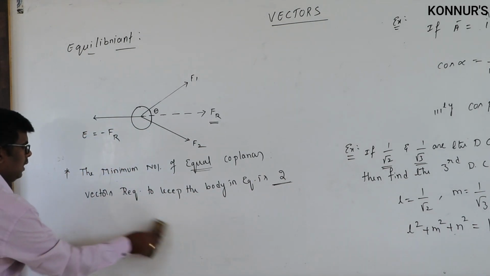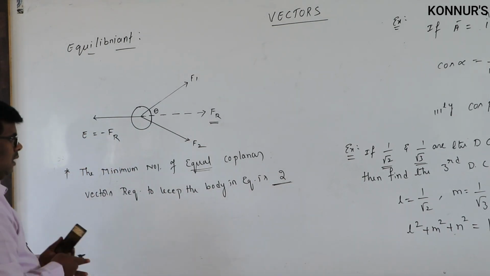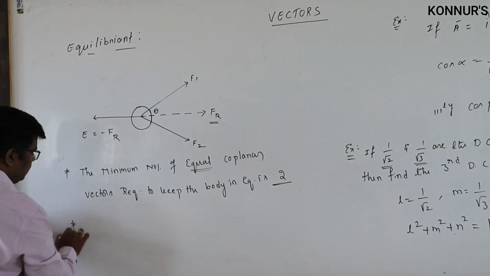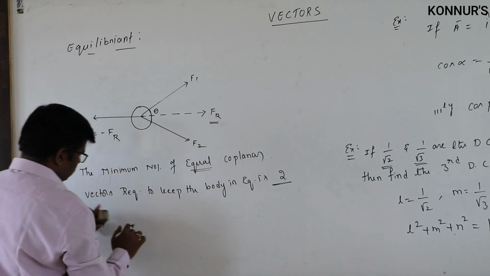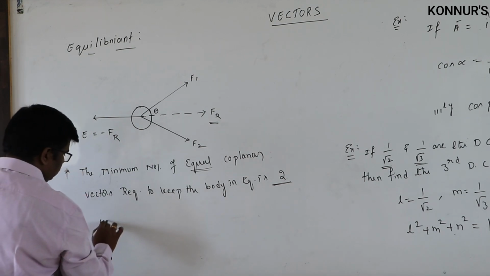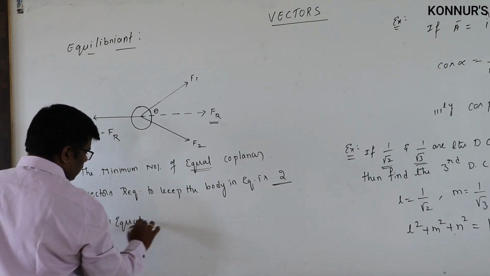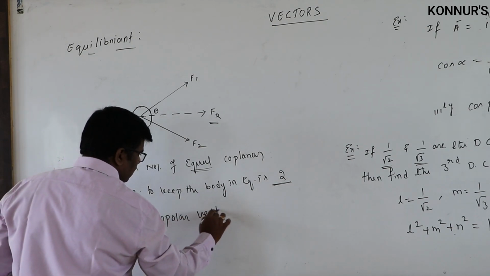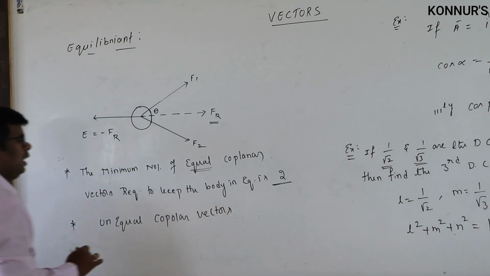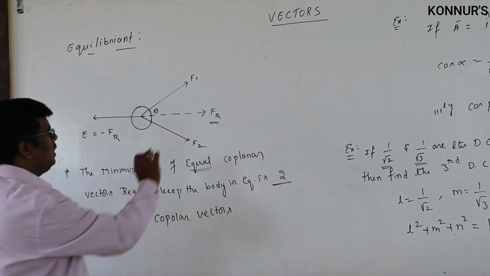Next, if it is unequal coplanar vectors, how many do we require to keep the body in equilibrium? Just see here.